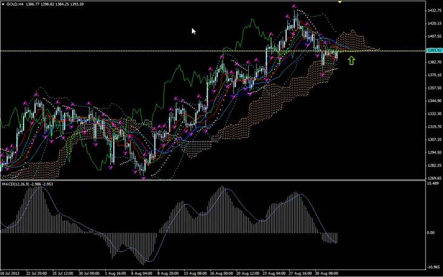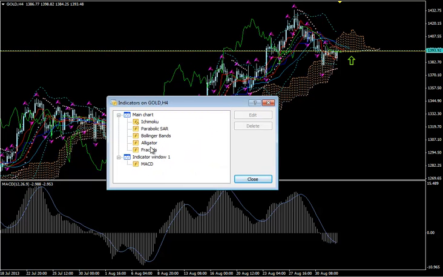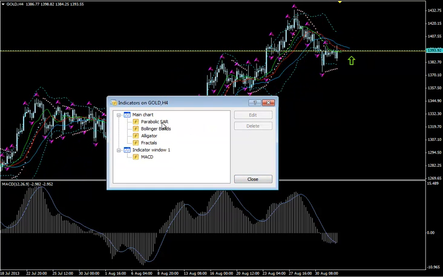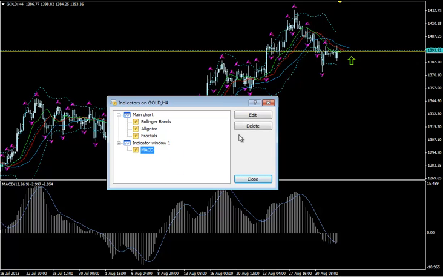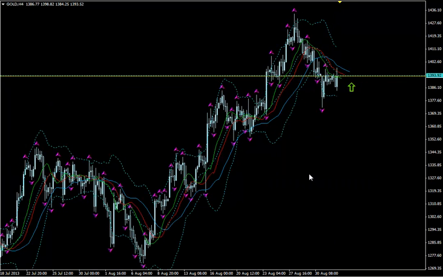So I'm going to remove Ichimoku and I will leave Bollinger Bands, Alligator and Fractals first. I will also remove MACD, and then we will look at the precious metal using the other systems.